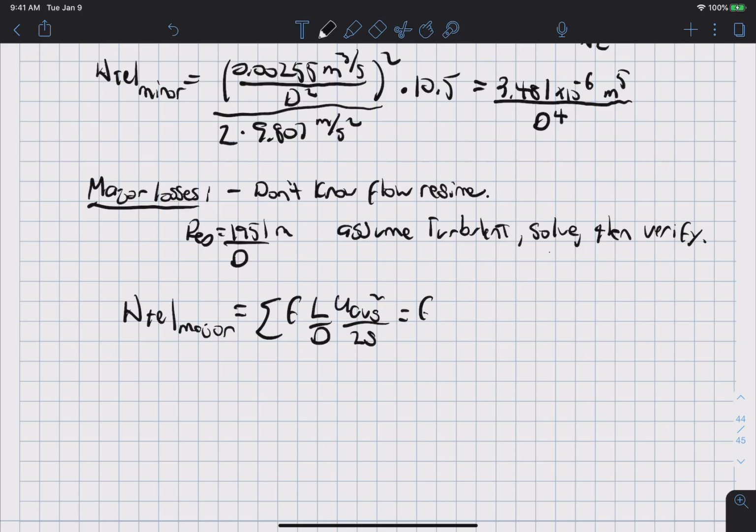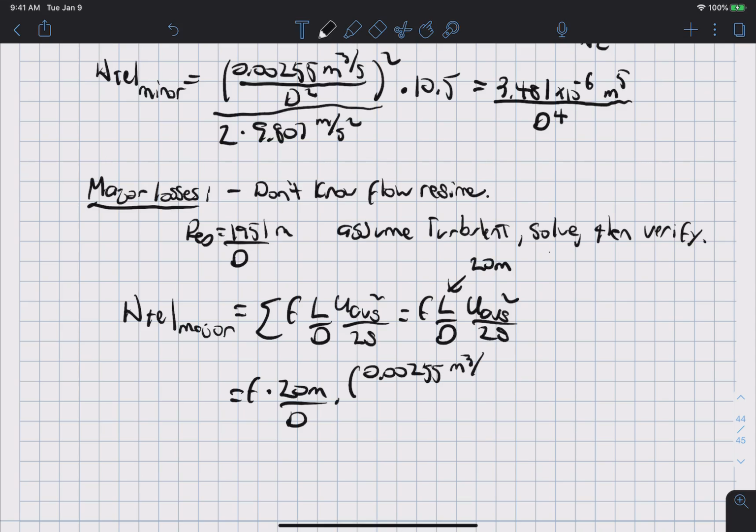So this equals f L over D times V average squared over 2g. And this L, given in the problem statement, is 20 meters, because the total length of the piping system is 20 meters. So this equals f times 20 meters over D times the average velocity squared over 2g.